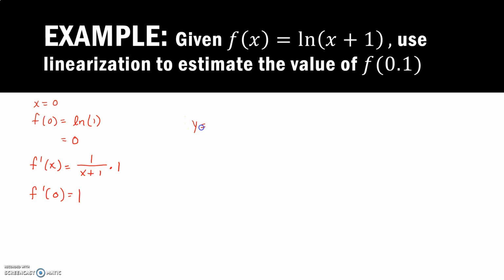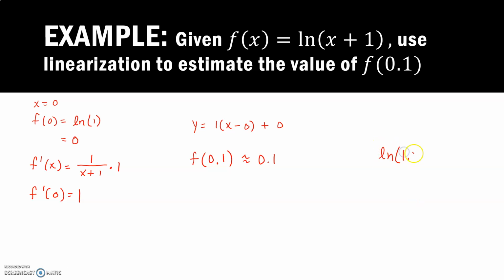So my tangent line equation is y is equal to 1 times x minus 0 plus 0. So the value of 0.1 is approximately 0.1.